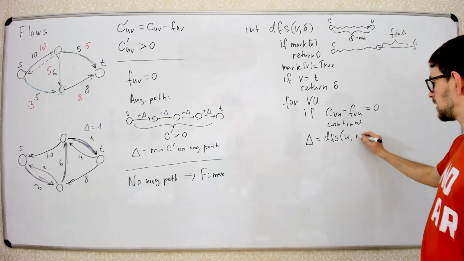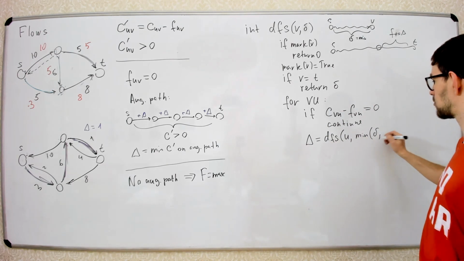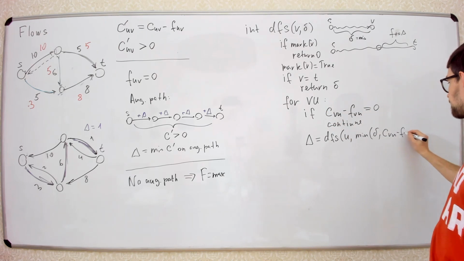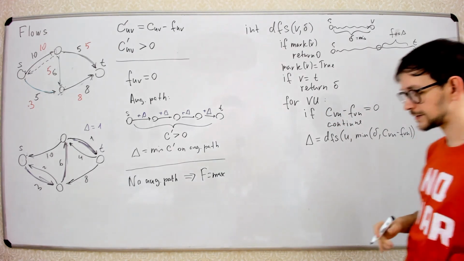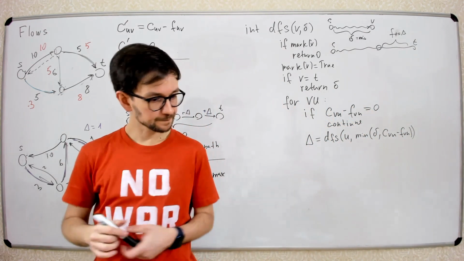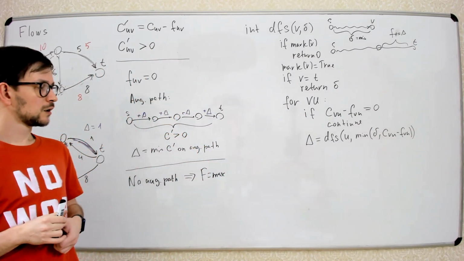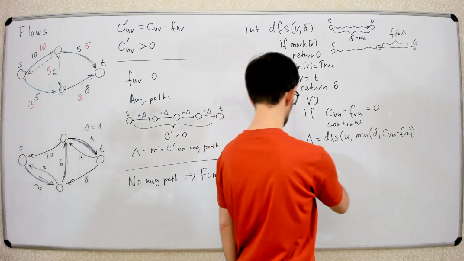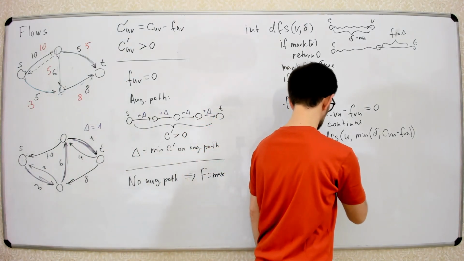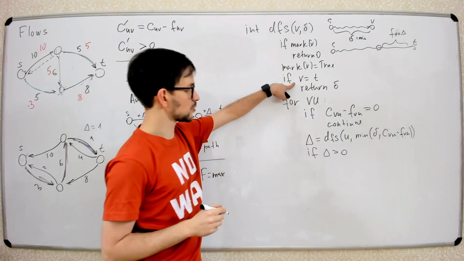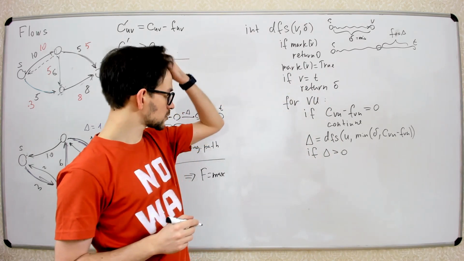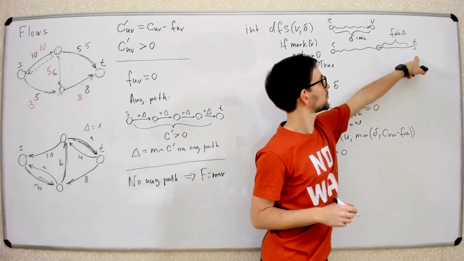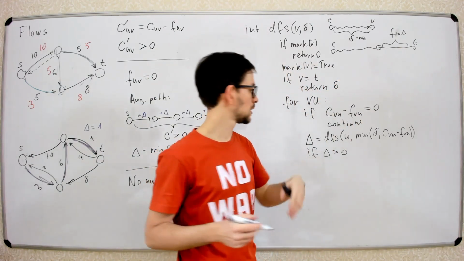So my minimum will be the minimum of this minimum and the residual capacity of this edge. Now if this delta is greater than 0, it means I reached the node T. If I reach node T, then I already updated this part of the path, and I need to update the next edge.